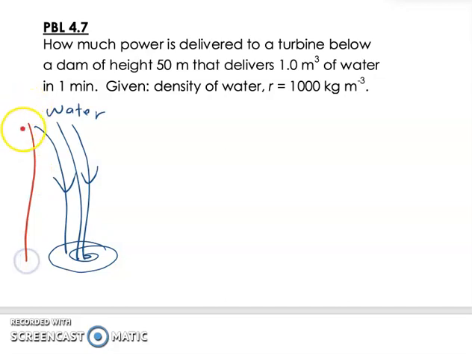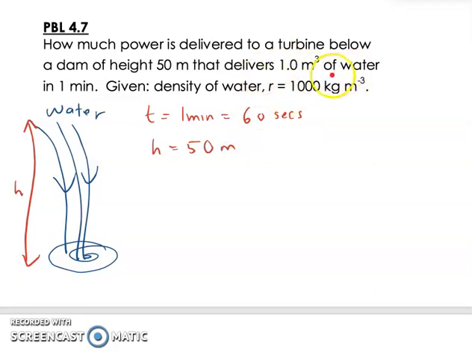So there's a height here, that is your height, equals 50 meters, that delivers 1 meter cube of water in 1 minute. So time is 1 minute or 60 seconds. And height is 50 meters, and it delivers 1 meter cube of water per minute.